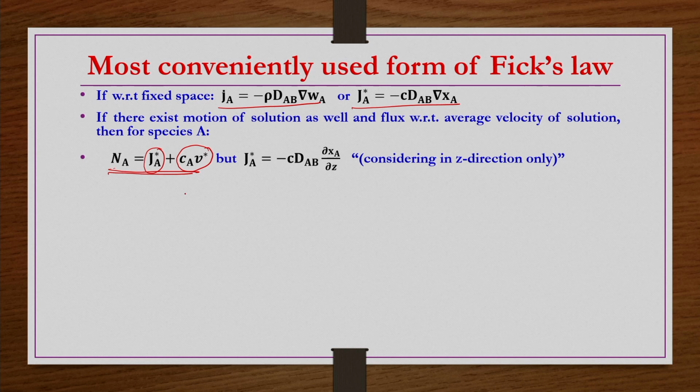Both of them are added together, whereas J A star is nothing but this one, which we also know. We are taking only one direction for simplicity, that is the Z direction.